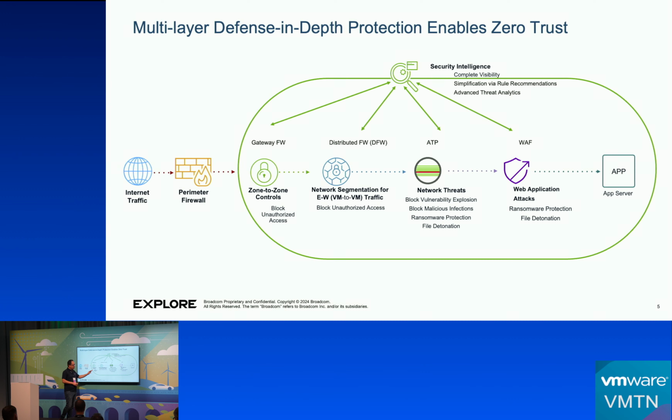Gateway firewall, layer 7 gateway firewall, distributed firewalls to achieve segmentation and microsegmentation, ATP solutions for deep packet inspection, malware prevention or ransomware protection, and then web application firewall, which is our AV solution. What we want to do is to deploy these solutions as close to the workload as possible. Then sitting on top is the security intelligence. I will talk about security intelligence in a bit more detail in the next slide.